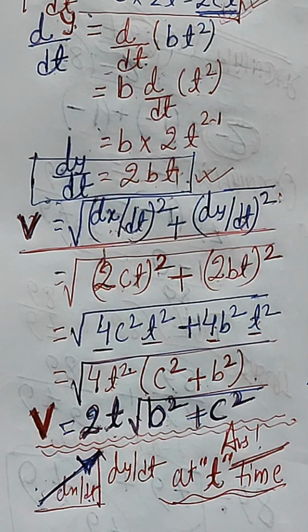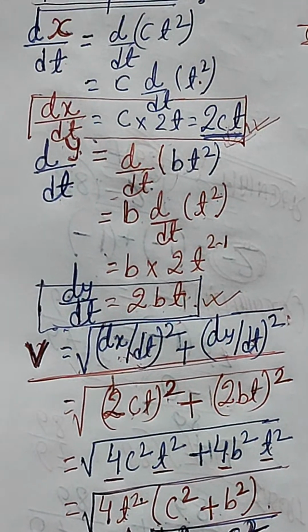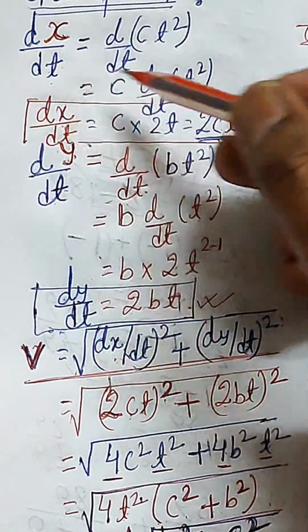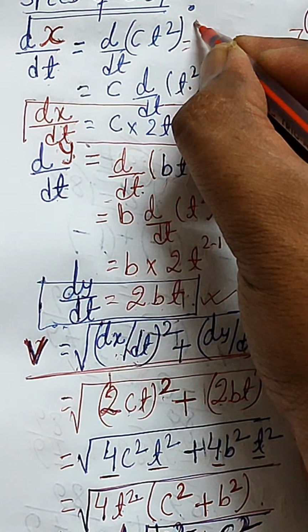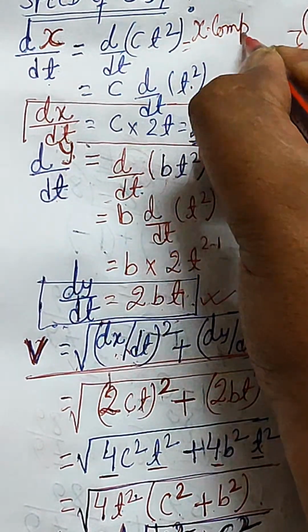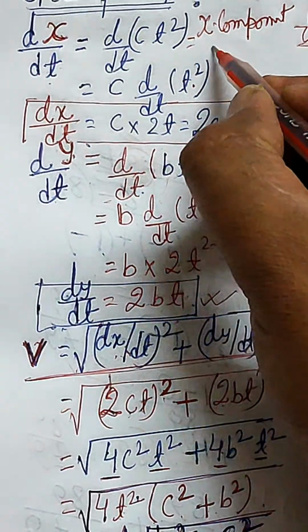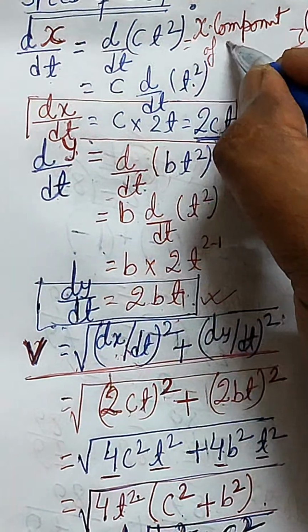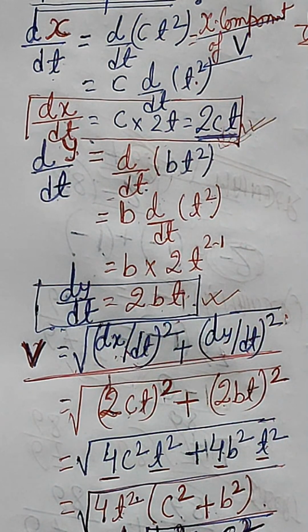So here I want to clarify it again, okay? This is the dx by dt, this is the x component of velocity, right?